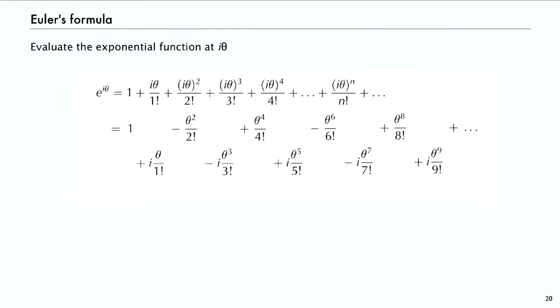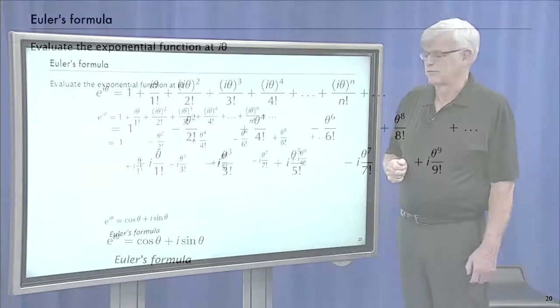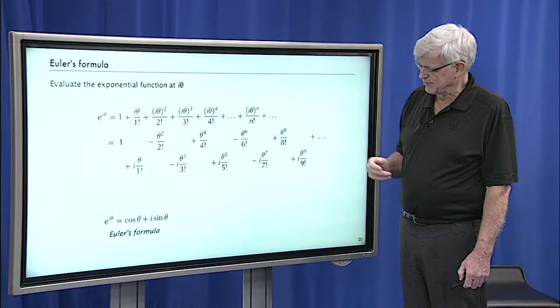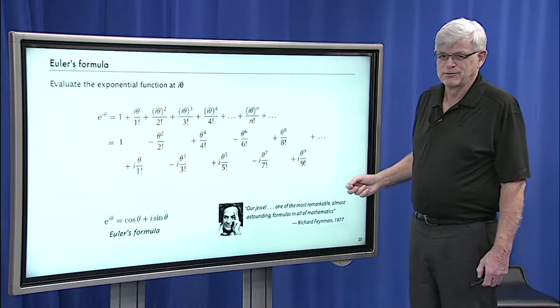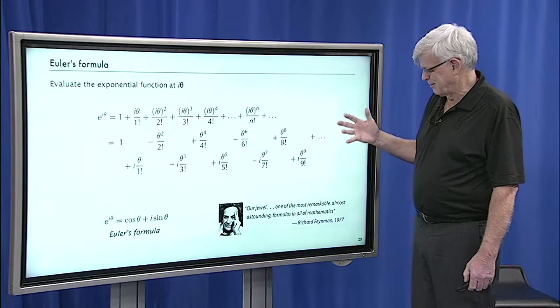And then if you just separate the terms out from the previous slide, this first series is cosine theta, and the second series is i sine theta. That's called Euler's formula. e to the i theta equals cosine theta plus i sine theta. And this is an amazingly useful formula in many fields of mathematics. This quote from Feynman expresses what people think.